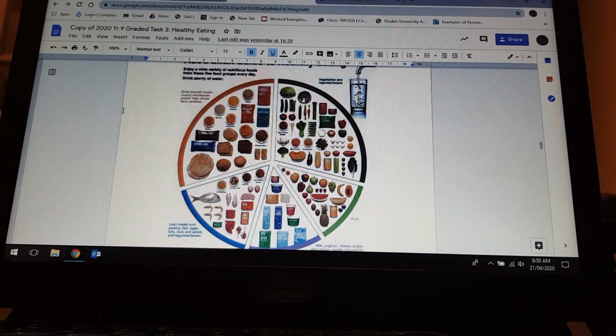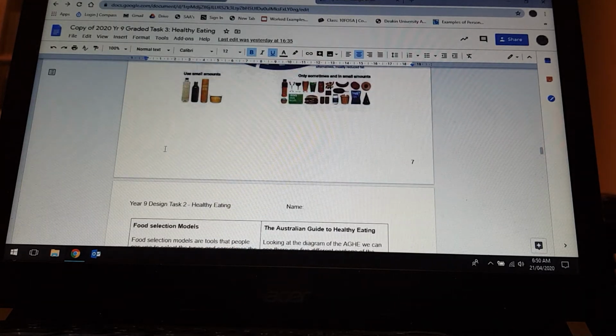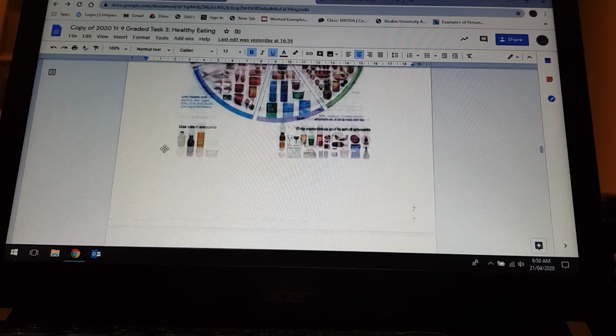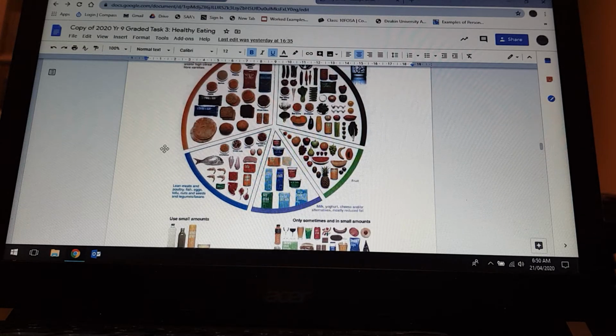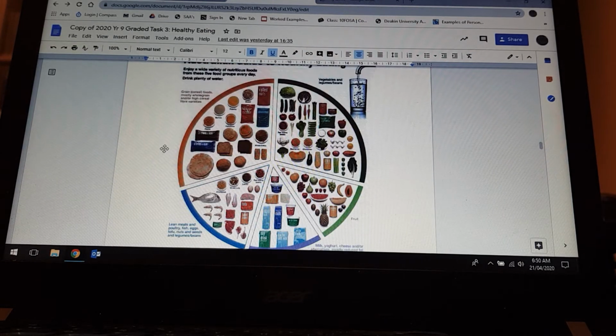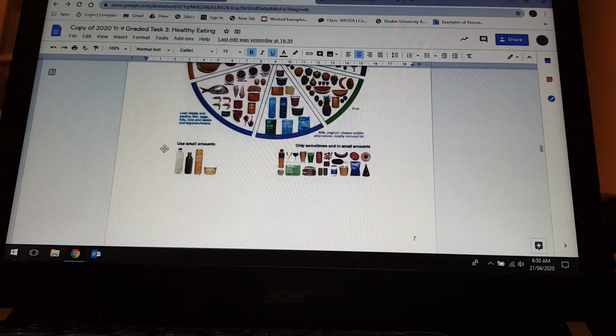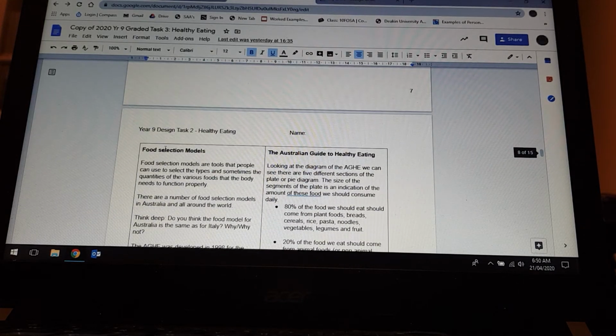What do you think it means? And if you can, write it on the side. If you can't, you can then always just put it in a box, okay? I want you to think about what is on this picture and what is it telling us. Okay, let's move on.